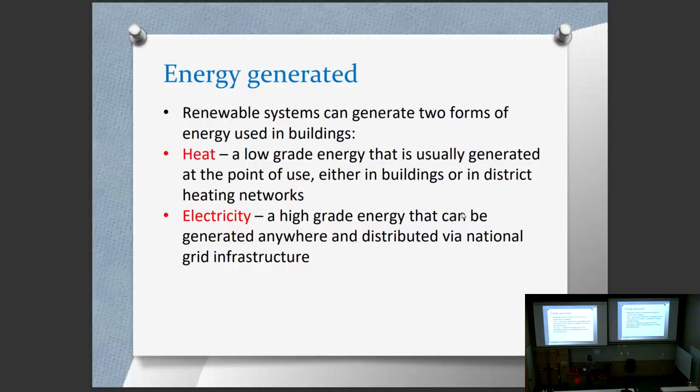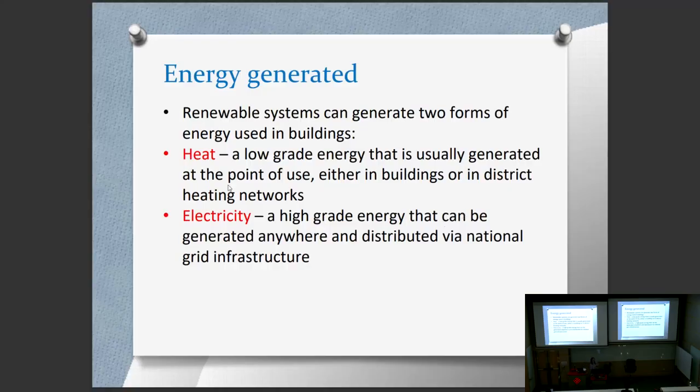So heat is a kind of low-grade energy that is usually generated at the point of use, either in the building or in district heating network. Just like that solar thermal heating system, it is installed inside the building. Sometimes when we walk past the New Territories, when you see the village houses, very often you can find that kind of solar collector on the rooftop. They are used to heat up the water for the toilets, for showering.